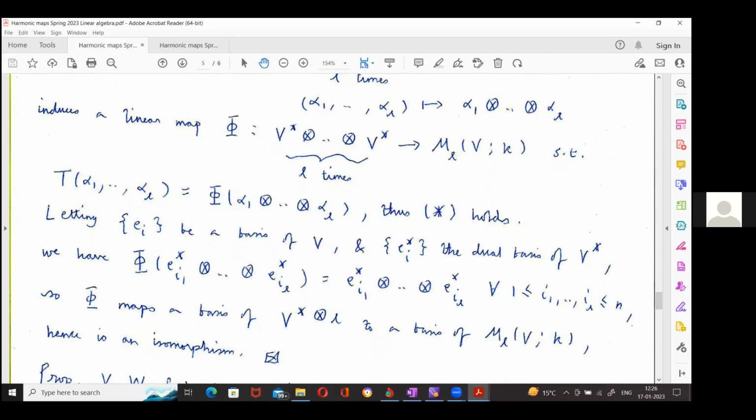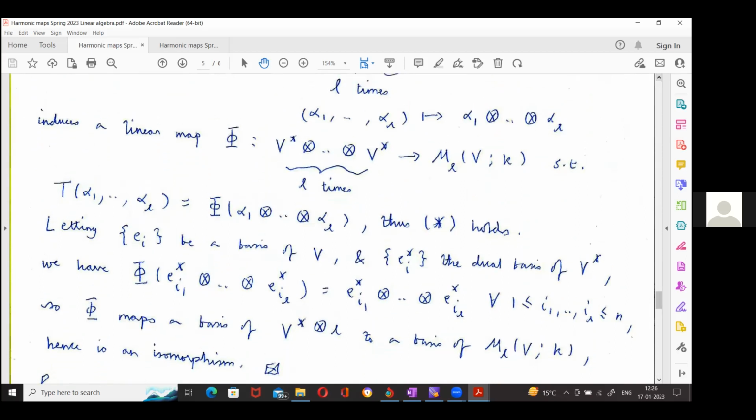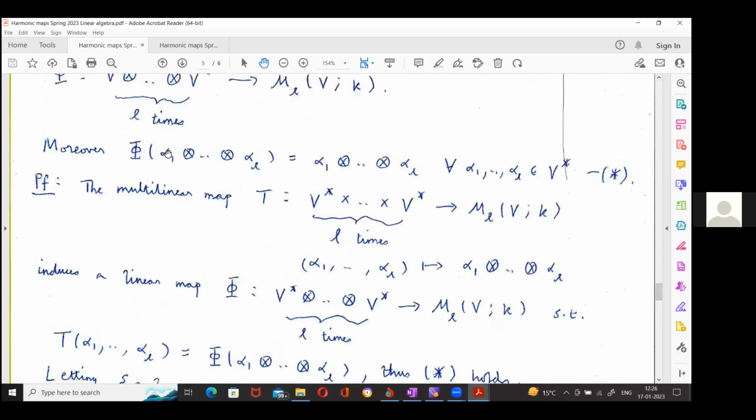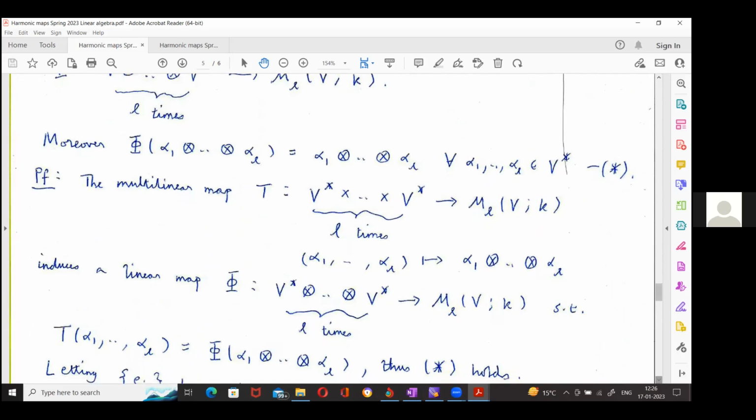So that means this property holds: phi of the abstract tensor product, alpha 1 tensor alpha L, is equal to this concrete tensor product of multilinear functions, alpha 1 tensor alpha L, right? Is that clear?